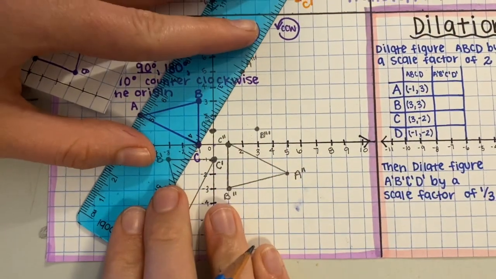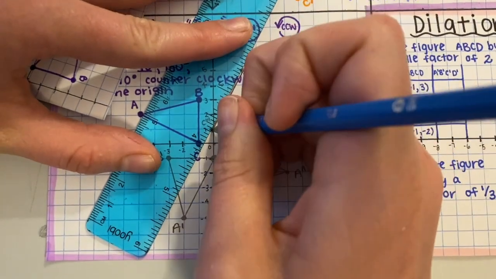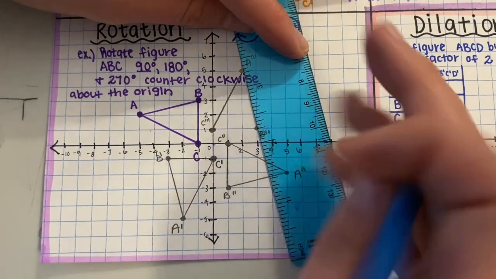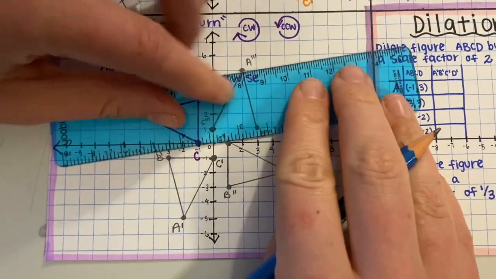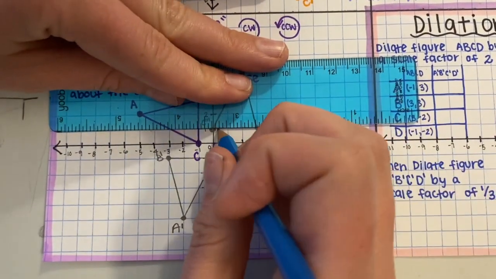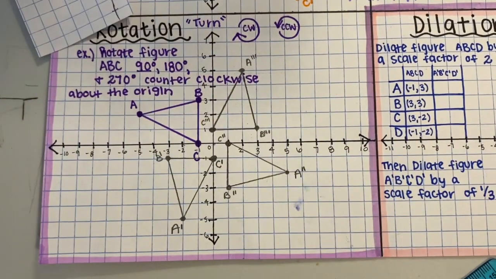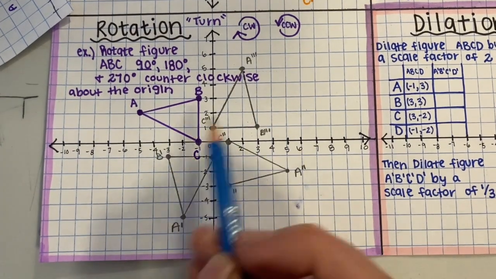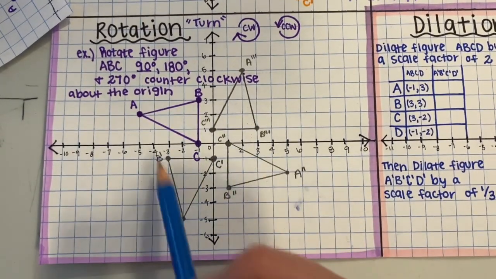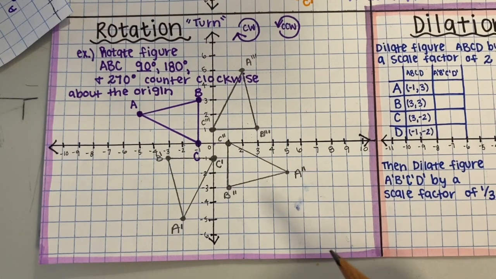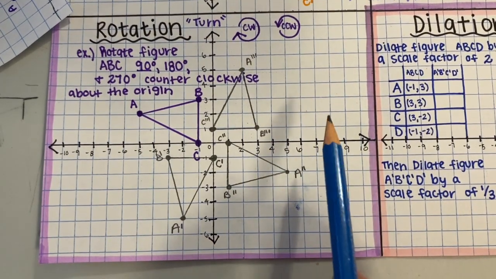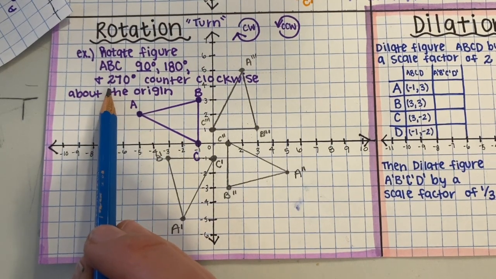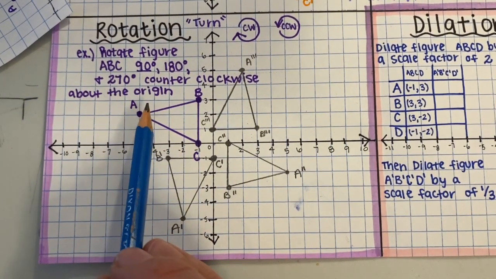We would connect our dots, and we have 3 different rotations. This one is the most confusing to look at algebraically. It's very nice to look at when you're just looking at it from afar, but algebraically, when you're doing 90 degrees versus 180 versus 270, you're flipping your X and your Y with each other.